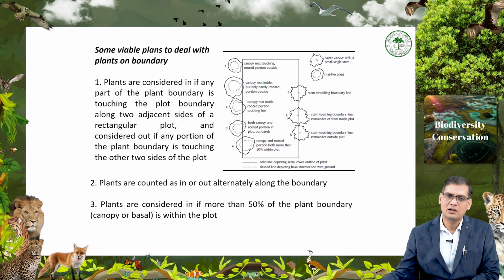Alternatively, number 2: plants are counted as in or out alternately along the boundary. Number 3: plants are considered in if more than 50% of the plant boundary is within the plot.